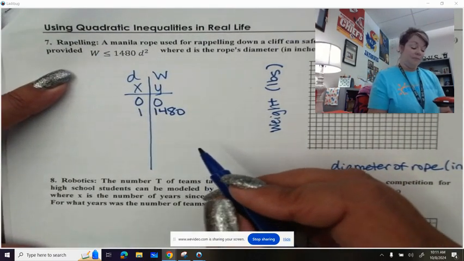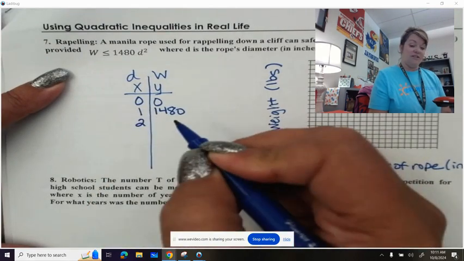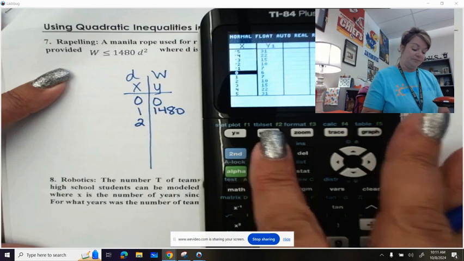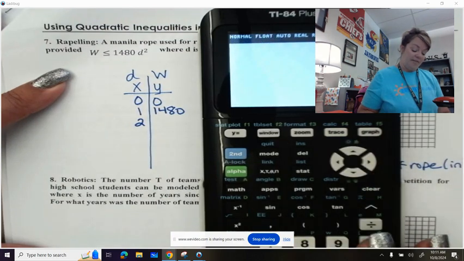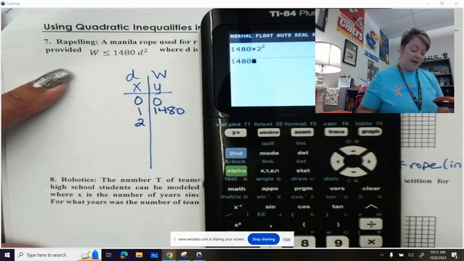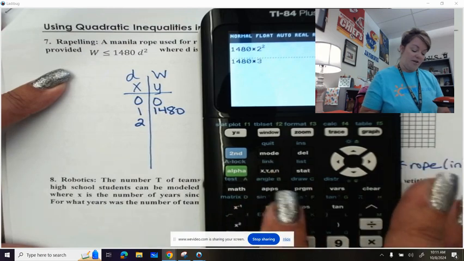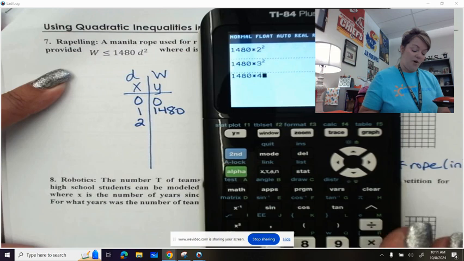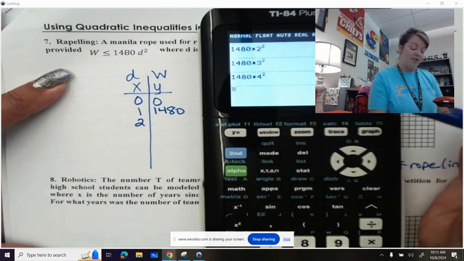That's a lot. What if it's 2 inches? Okay, well, we can just do some math here. We can do 1,480 times 2 squared, 1,480 times 3 squared, 1,480 times 4 squared, and I'm getting all these values.